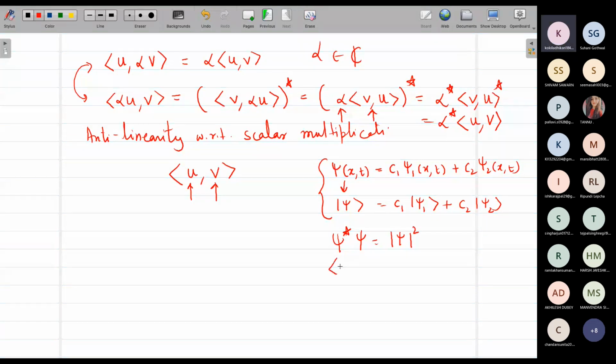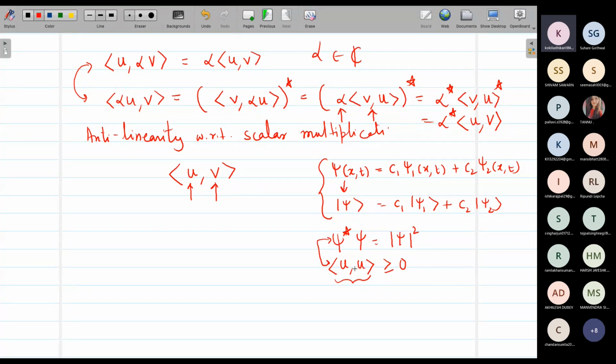Now you understand why I want my (u, u), which is something similar to this, to be defined so that this complex-looking quantity is a real number. It is to make some sort of equivalence with psi star psi.